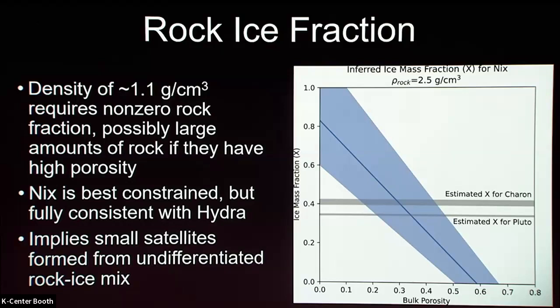So probably these objects are fairly porous, but they're also very rocky, and that's, I think, probably the most important thing to come out of this talk. If you just remember the fact that Nix and Hydra are fundamentally rock-ice mixtures.